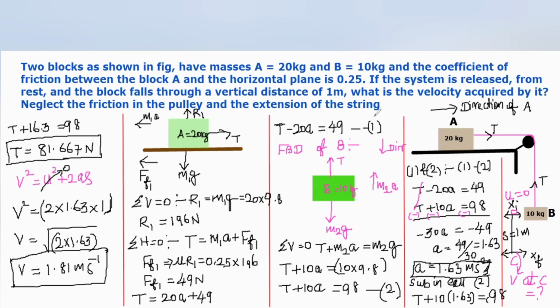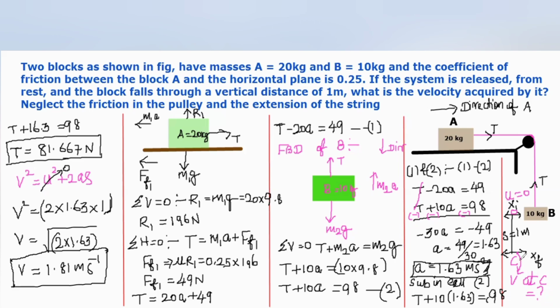By substituting the value of acceleration in any one of the equations, we got the value of tension. Then the velocity acquired by it when the block falls through a vertical distance from rest. If I consider this as the initial position where it starts from rest, its initial velocity is 0, at a traveling distance of 1 meter at point C. What is the velocity we have to find?